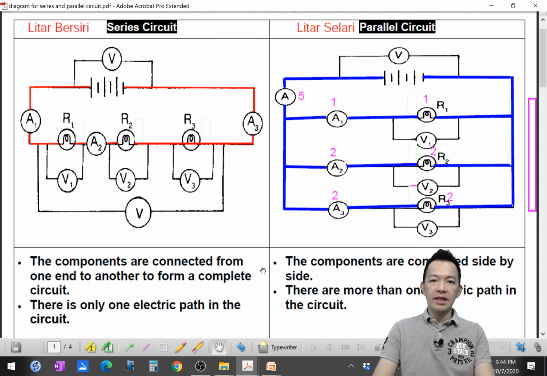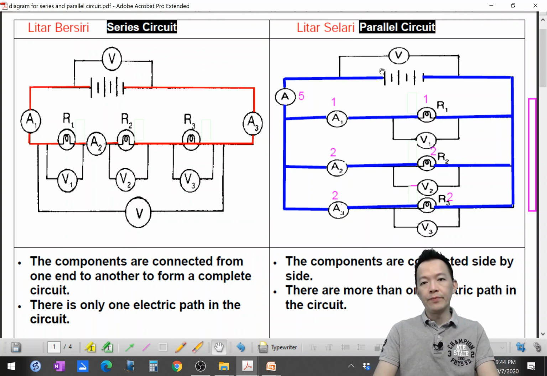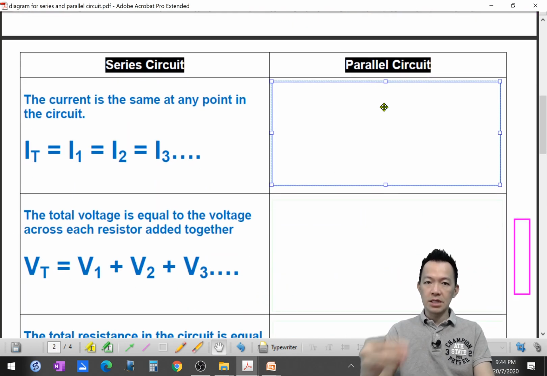So what is the characteristic of the current in a parallel circuit? Okay, the total electric current I is equal to the electric currents in all the electric paths added together. First path plus second path plus third path, add together, finally you get the total. So the total current 5 is the current measured in each path: 1 plus 2 plus 2 equals 5. Because they split into three paths, understand? After you understand that, there is nothing to memorize. So copy: the properties of the electric current in the parallel circuit.